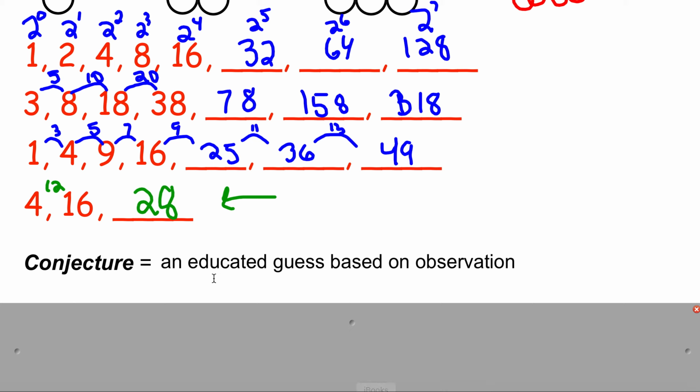If we look at the definition of conjecture on your definition sheet, it should say something similar to that. And basically, when we make a conjecture, we're not making a rule, but we're saying, hey, here's a pattern that I'm seeing. Just like this. A conjecture would be that, for this first one up here, the pattern is that it doubles by 2 every time.